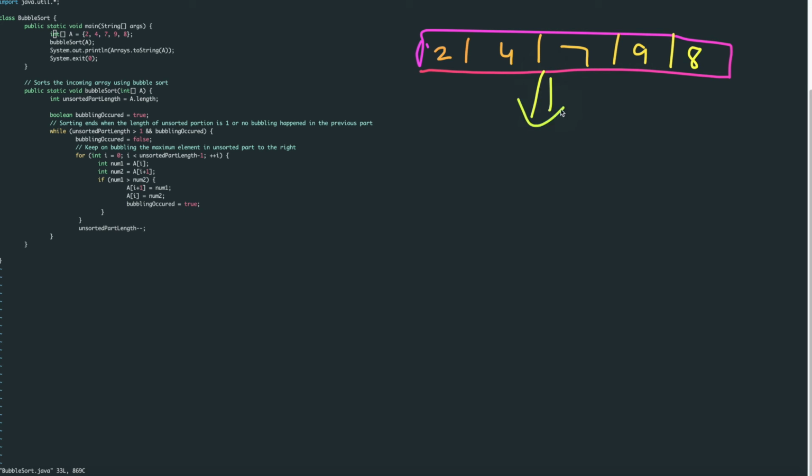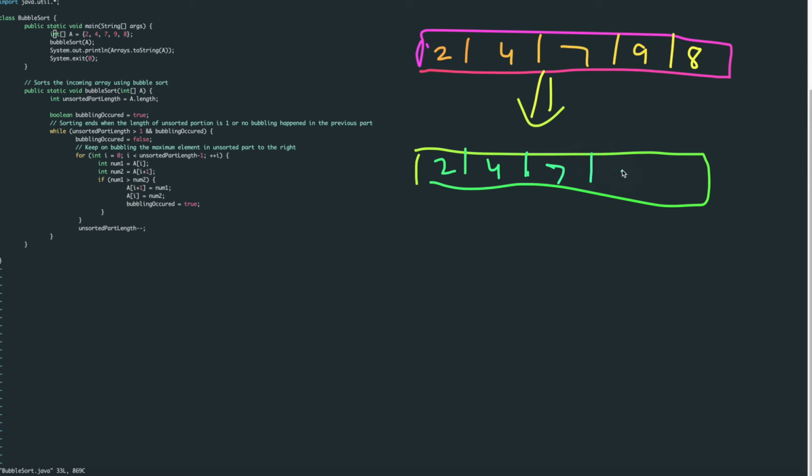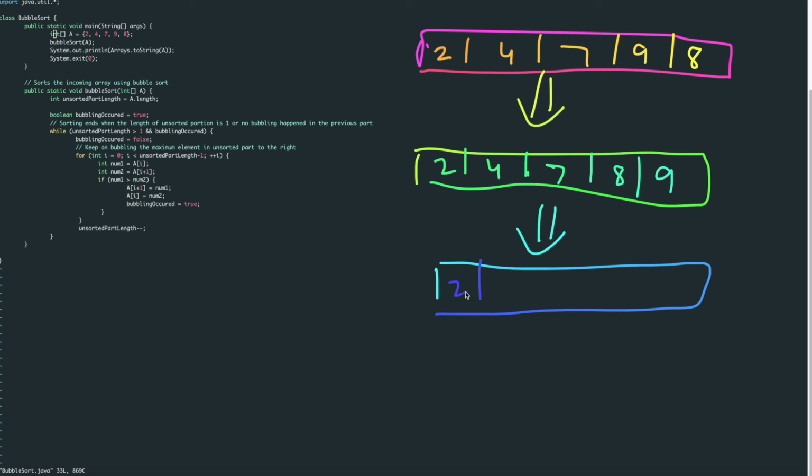After the first pass, the array became 2 4 7 8 9. It will go another pass, but after the second pass it would recognize, oh, no swapping happened, in which case it would avoid the subsequent pass.